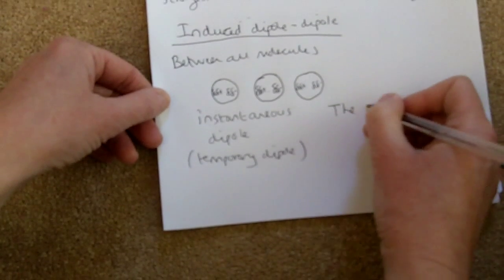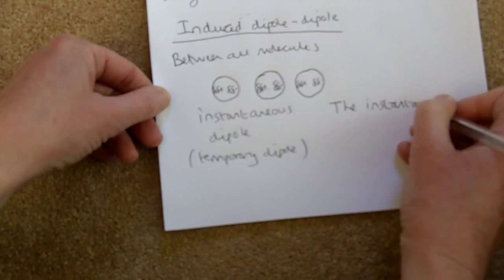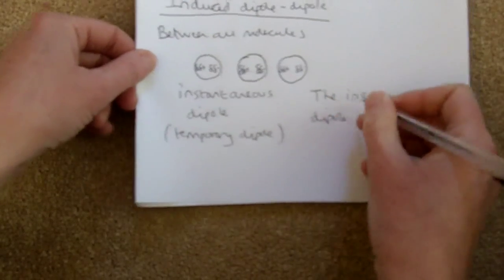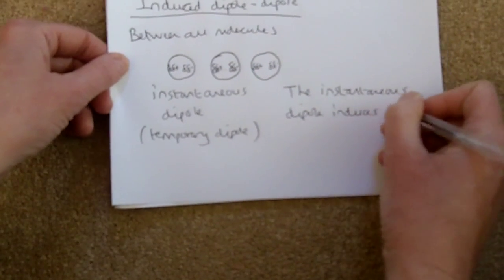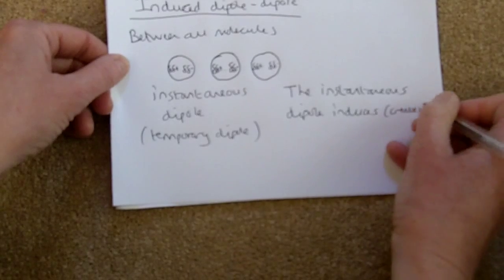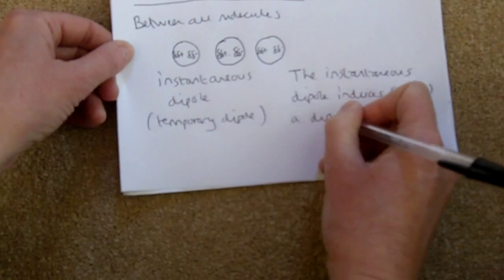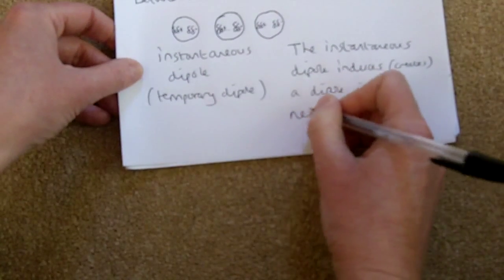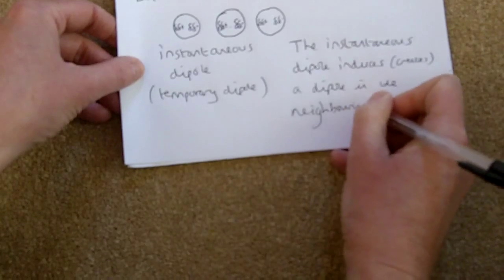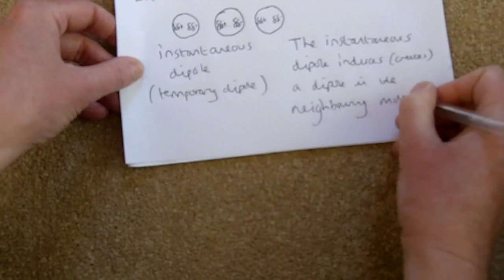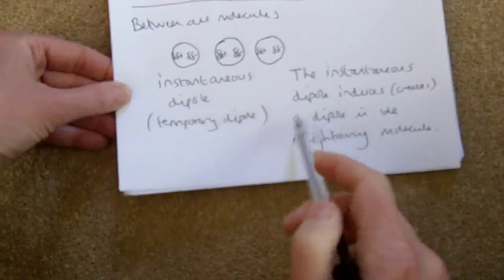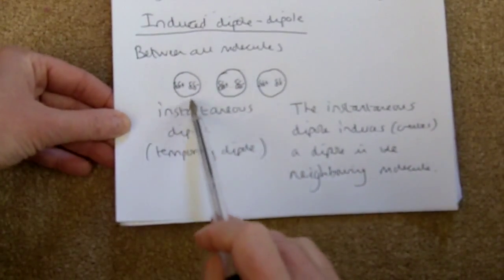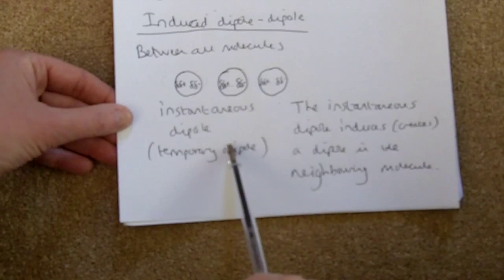So the instantaneous dipole induces, which just means creates, a dipole in the neighboring molecule. And this carries on, but then it disappears because the electrons are moving the whole time. So it happens and then it disappears.